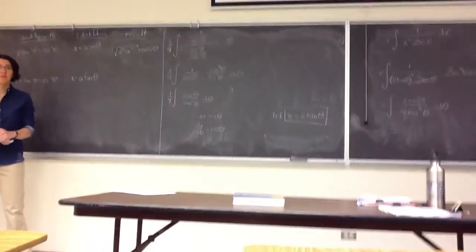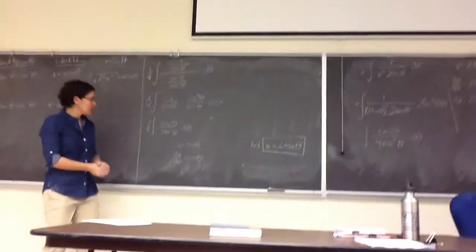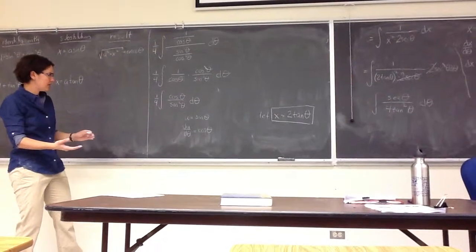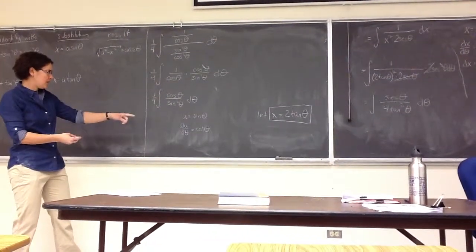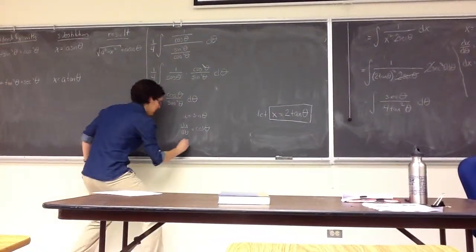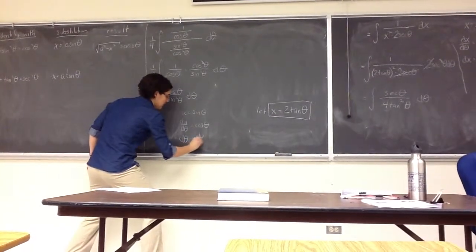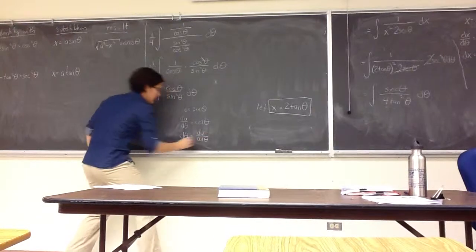Right. Okay? All right, so this can certainly work, so let's go ahead and continue with this. We've got cosine of theta, and so d theta is equal to du over cosine theta.